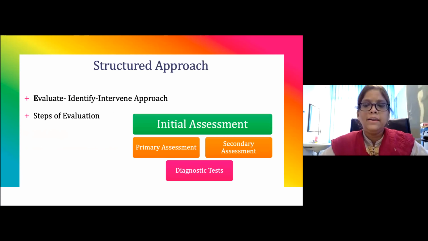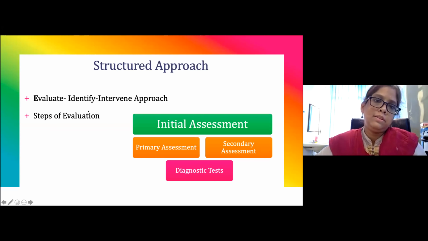So identification of a sick child involves a structured approach, and there are 3 steps that we have to see. One is to evaluate for any abnormal signs or symptoms in the child. The second is, after identification of any abnormal signs, you have to intervene with appropriate measures. If I cover everything, it will become very lengthy.